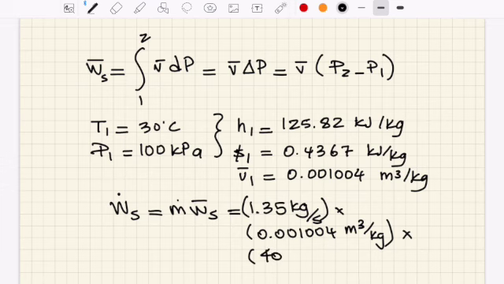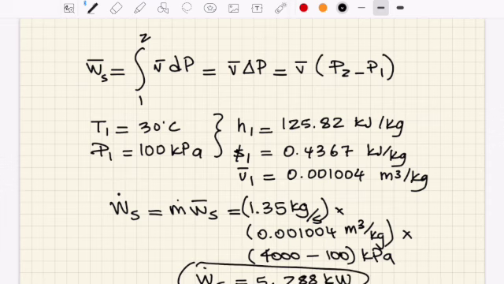It is 4000 minus 100 kilopascal, and this should give us the isentropic power to be 5.288 kilowatts. Okay, so we found it, but it's not enough.